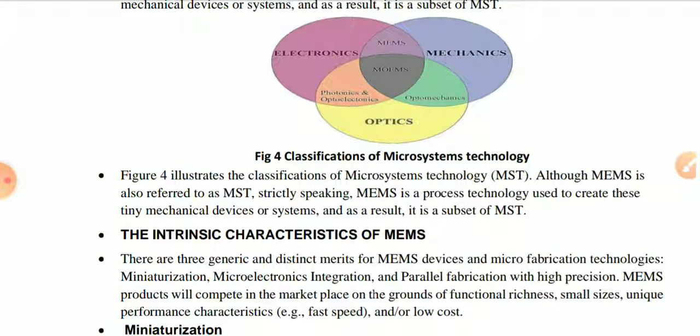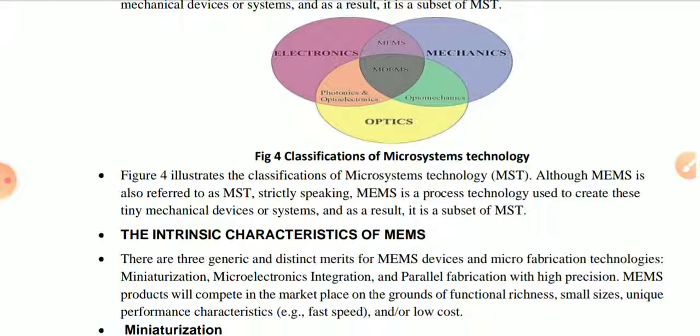MEMS is also classified on the basis of sensor, transducer and actuators. A sensor is a device that measures information from the surrounding environment and provides an electrical output signal.